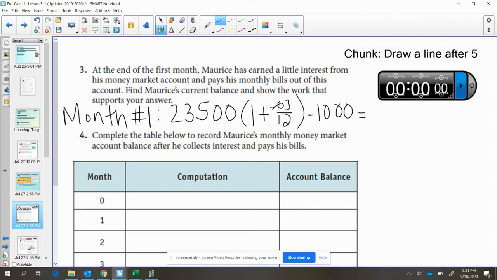So once we type this into the calculator, we see that at the end of that month, his account balance is going to be $22,558.75, right?